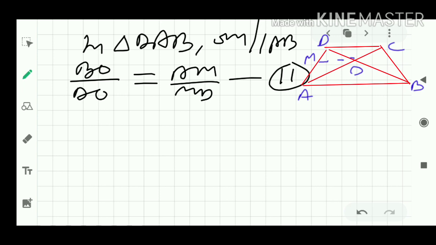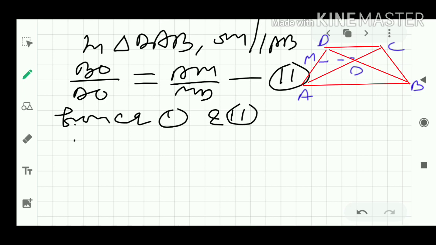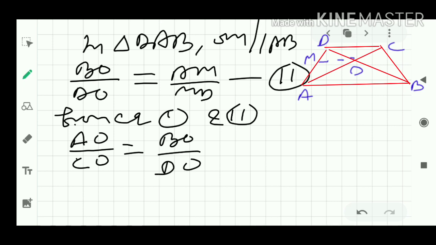So from equation 1 and 2, we have RHS are equal, therefore LHS must be equal. So from equation 1 and 2, we can write AO by CO equal to BO by DO.